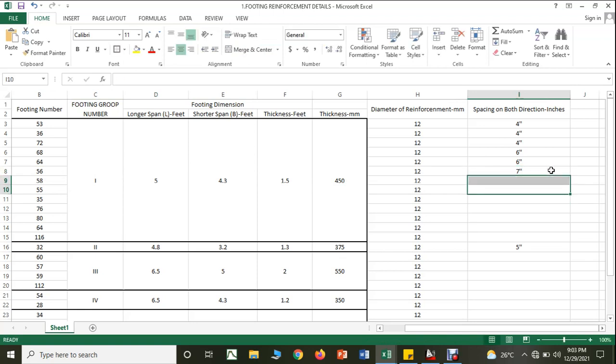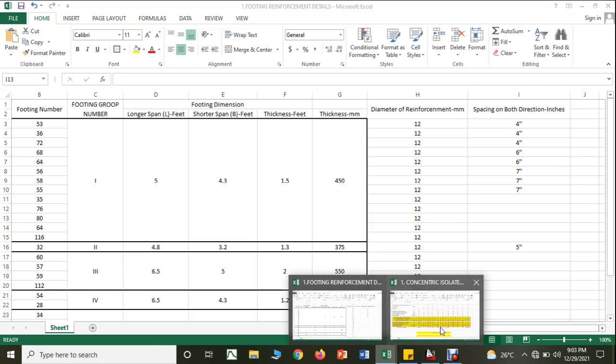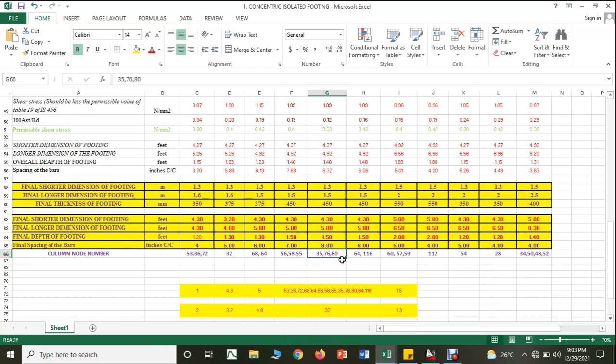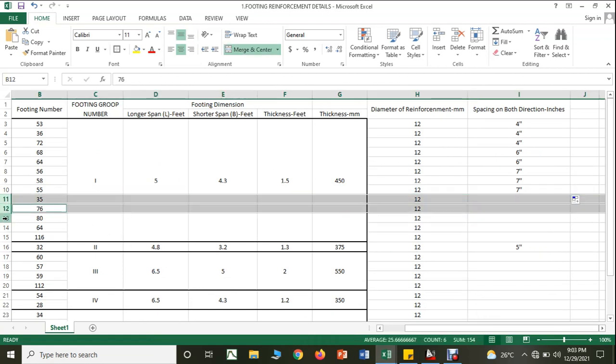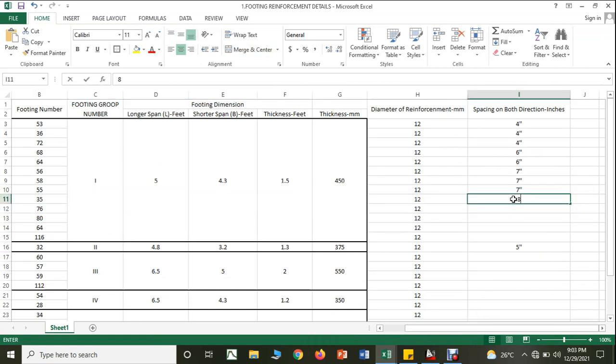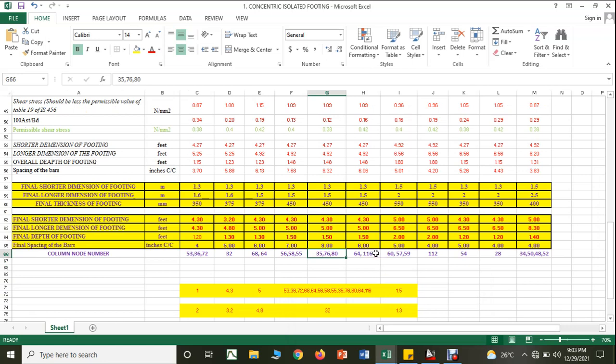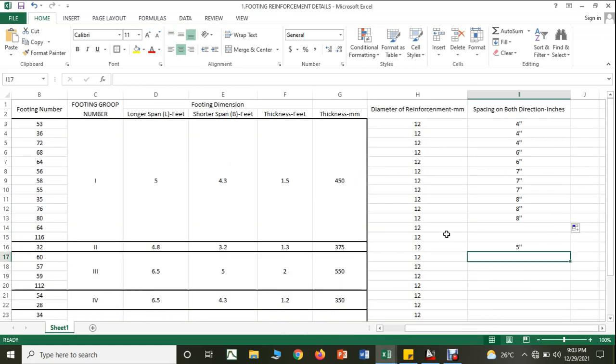Okay, 7 inches. Then next you have 35, 76, 80, 8 inches. Then next you have 64, 116, 6 inches, that is these two are 6 inches.